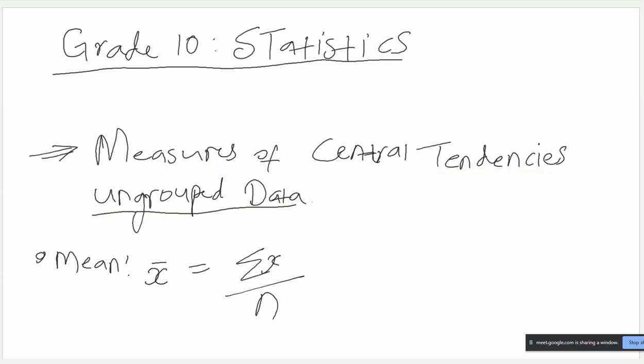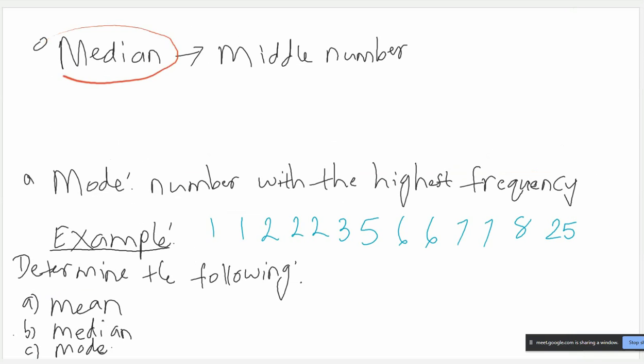So these are concepts like mean, median, and mode. This type of concept looks at data around its central measurements.